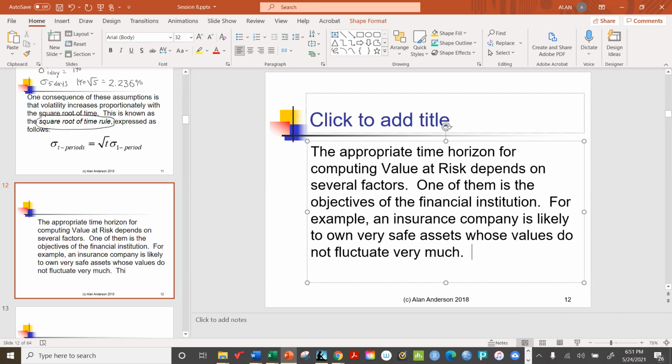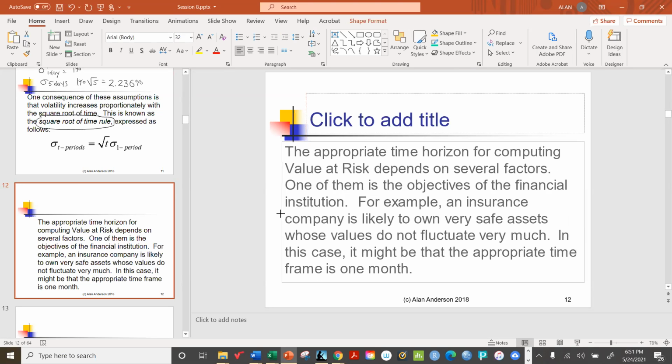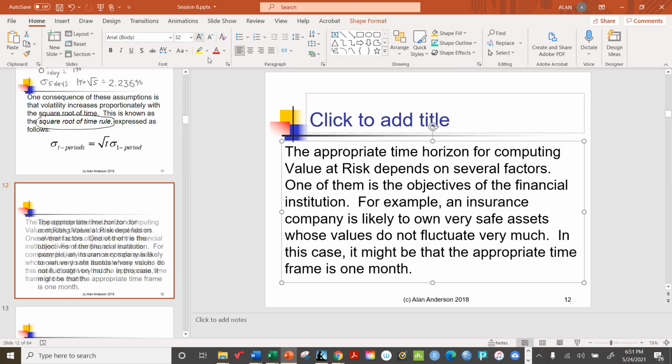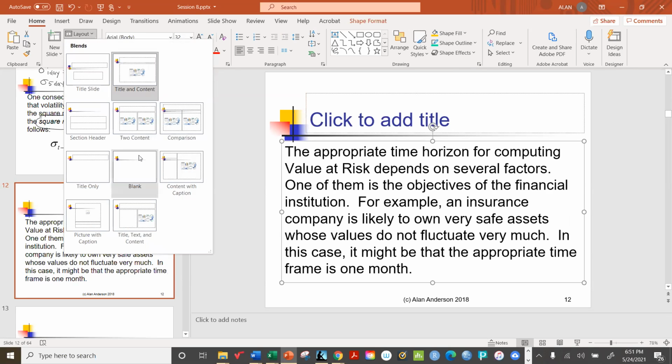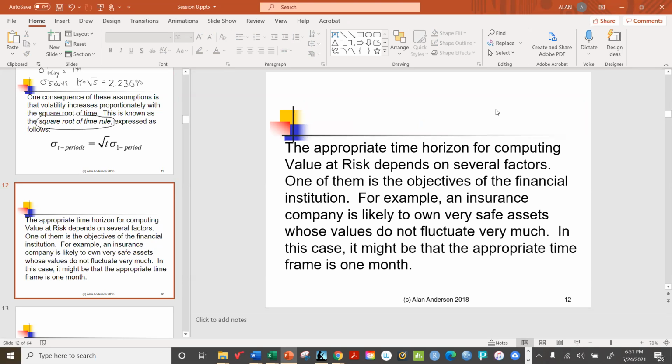In this case, it might be that the appropriate time frame is 1 month. So imagine you're an insurance company, and a large number of your assets are basically either treasury bonds or other safe assets. They're not going to change very much. And so it may be that the VAR can be calculated on a monthly basis, and that's quite sufficient.